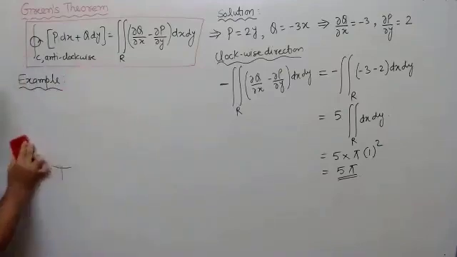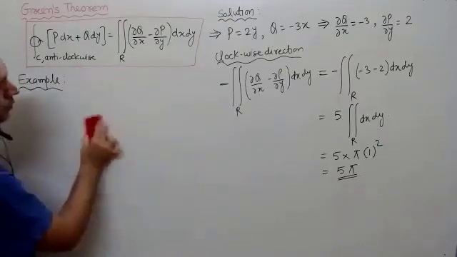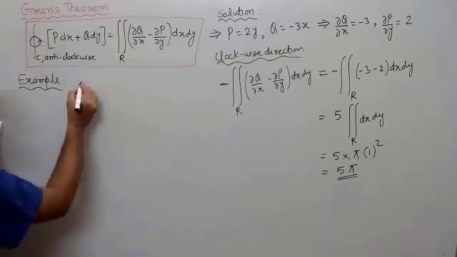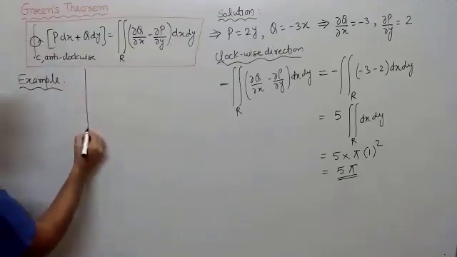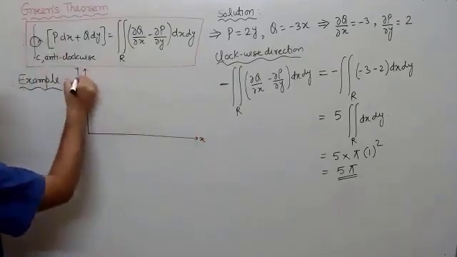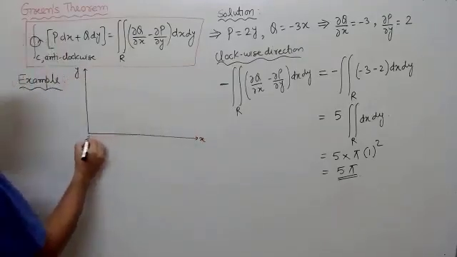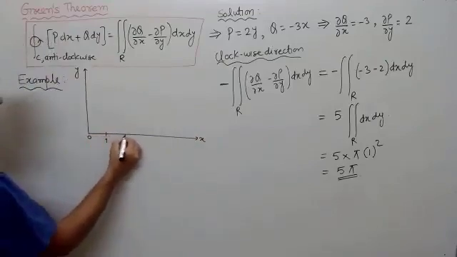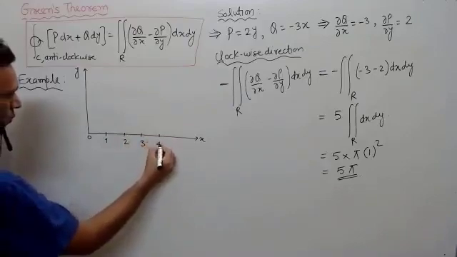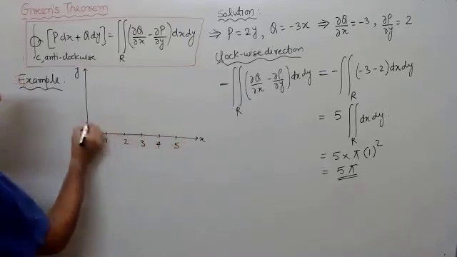Let us see another example. x and y. So take, this is 0, 1, 2, 3, 4 and 5.